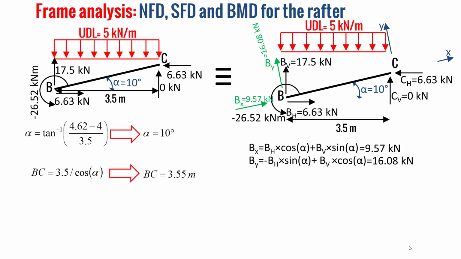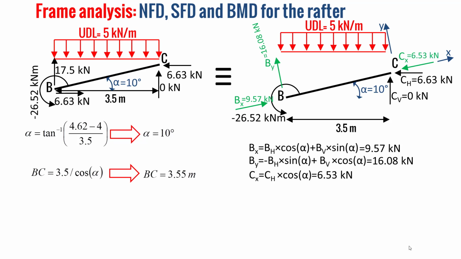16.008 kilonewton. At the point C, we have Cx determined by a trigonometric conversion as 6.53 kilonewton, and we have Cy determined in the same way as 1.15 kilonewton.